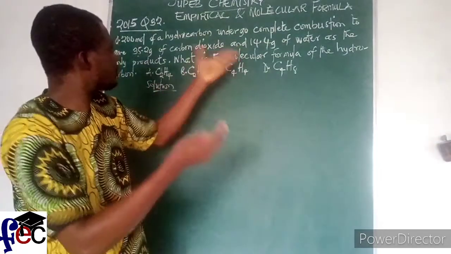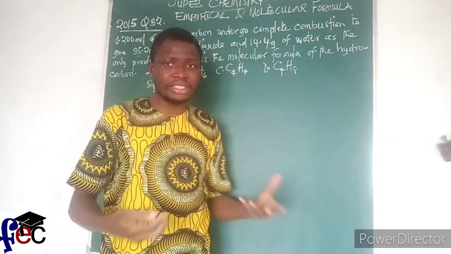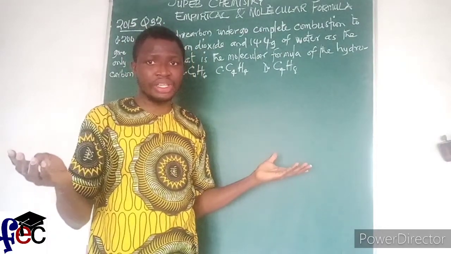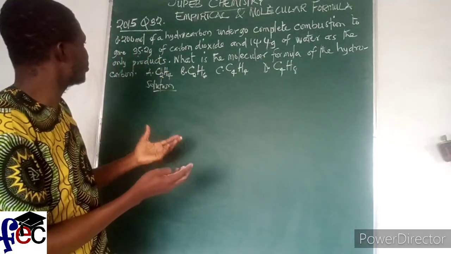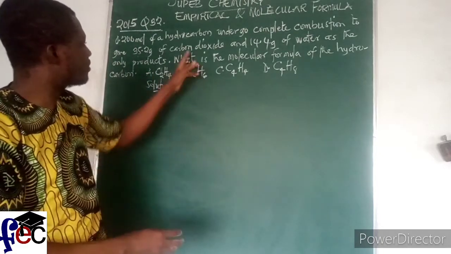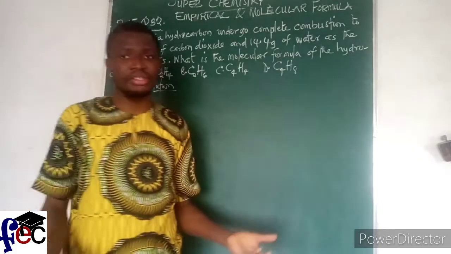And we're told that the hydrocarbon undergoes complete combustion. That means that the hydrocarbon was exposed to oxygen. And the product of that reaction gives us 35.2 gram of carbon dioxide and 14.4 gram of water.